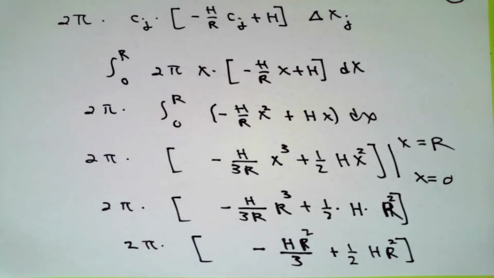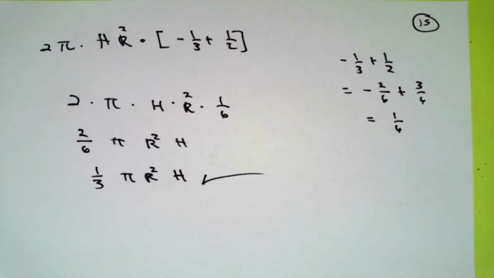If you'll notice, both terms inside the bracket have a factor of h, also a factor of r squared, so we can factor that out. So after we do all the arithmetic, we end up with the volume of the right circular cone being 1/3 pi r squared h, which is as it should be.